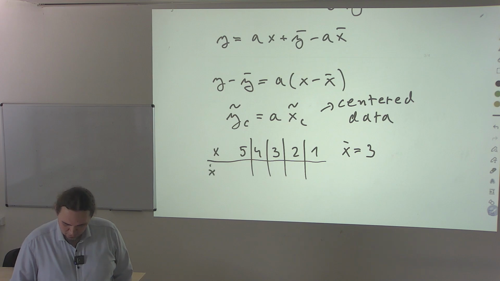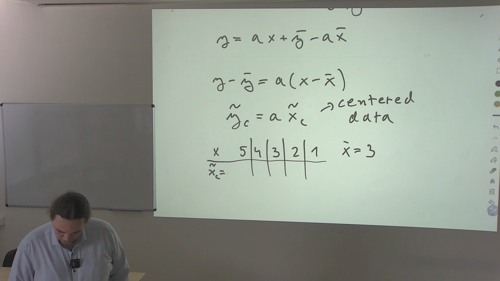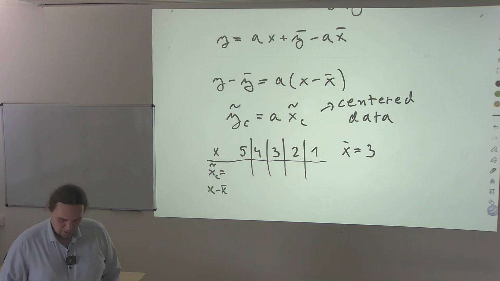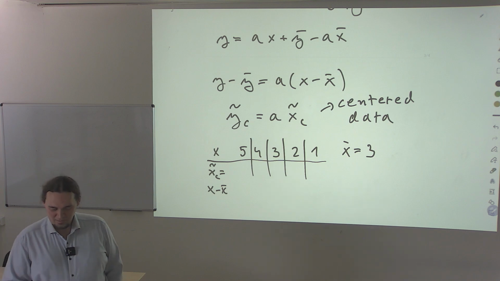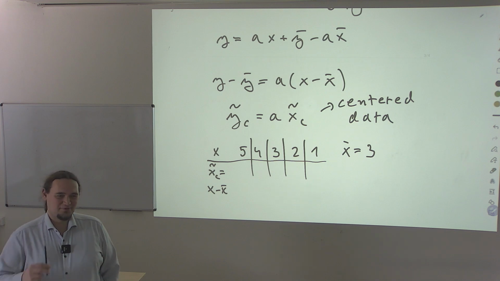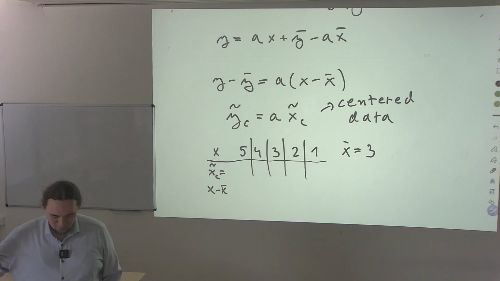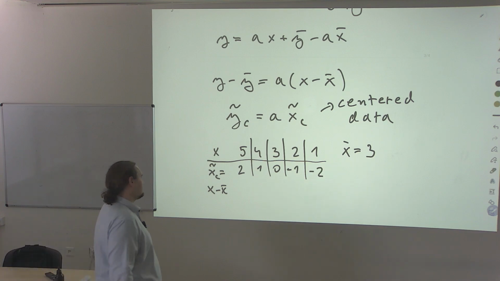So now if we do x centered, x minus x bar, or x minus 3, what do we get? How will this second row read? I should have gone 1, 2, 3, 4, 5, but it is 2, 1, 0, minus 1, minus 2.